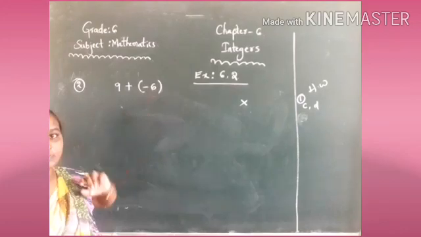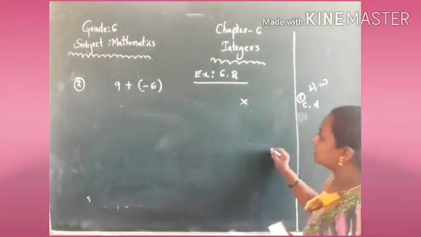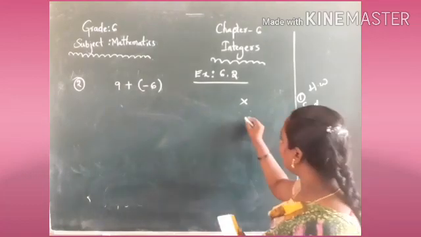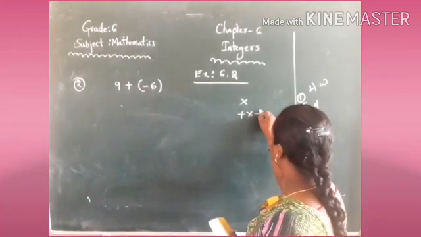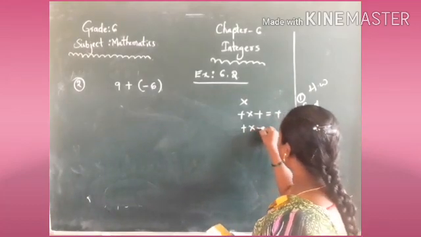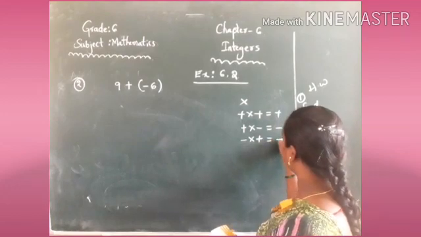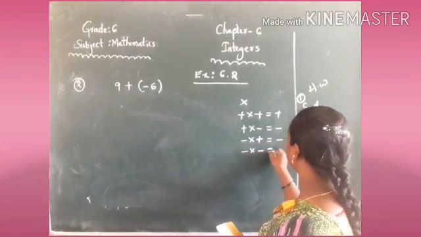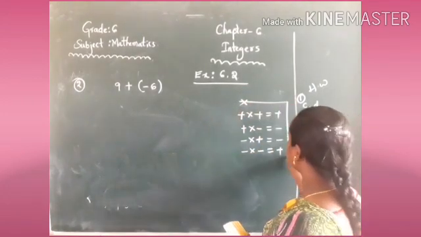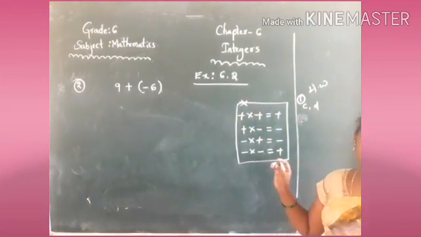So we have to know the standard operations: plus into plus is equal to plus, plus into minus is equal to minus, minus into plus is equal to minus, minus into minus is equal to plus. These are the standard operations you have to remember in your mind always.